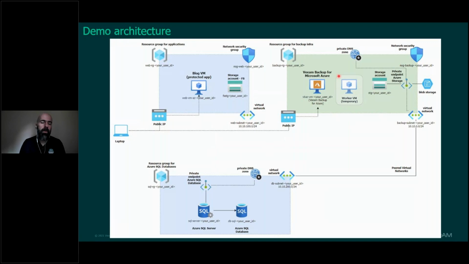In this backup resource group, we're also going to deploy our workers, and we have the storage account that is giving us access to the blob storage, and we're going to access that storage account using a private endpoint. We're using the private endpoint because we don't want our traffic to go over the public APIs. We want to keep it inside Microsoft private networks.